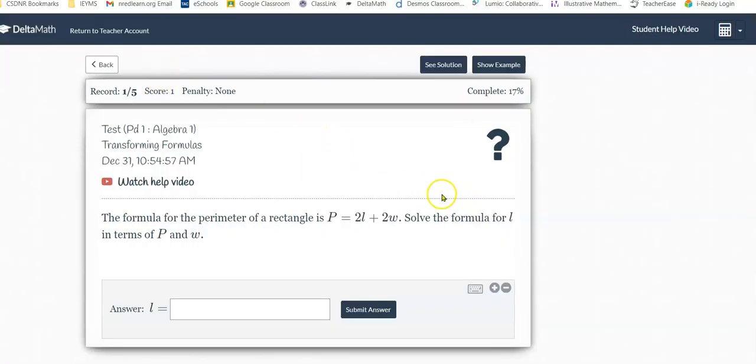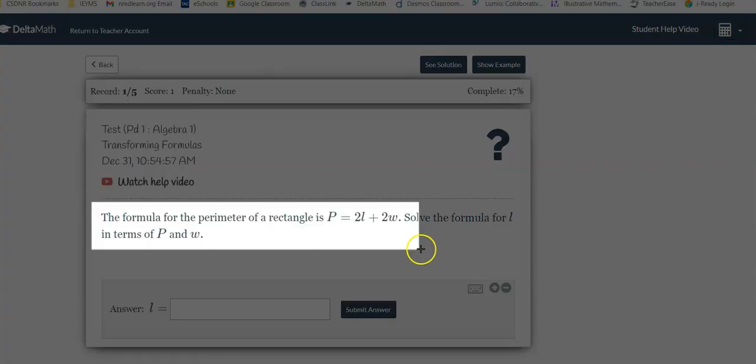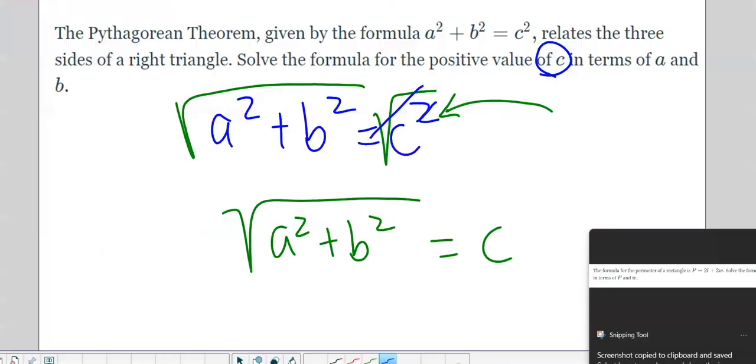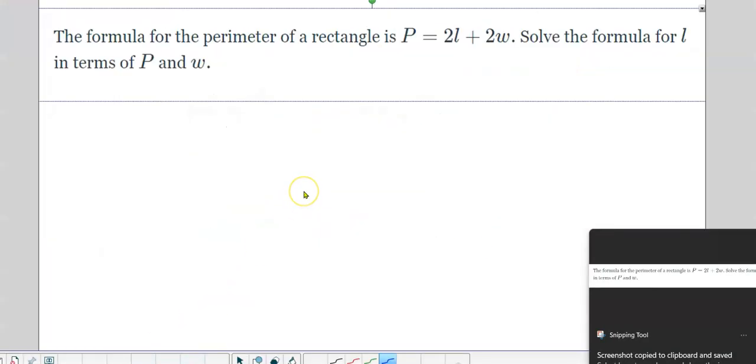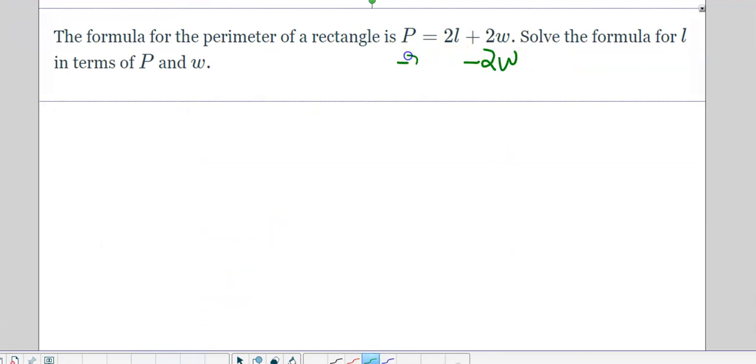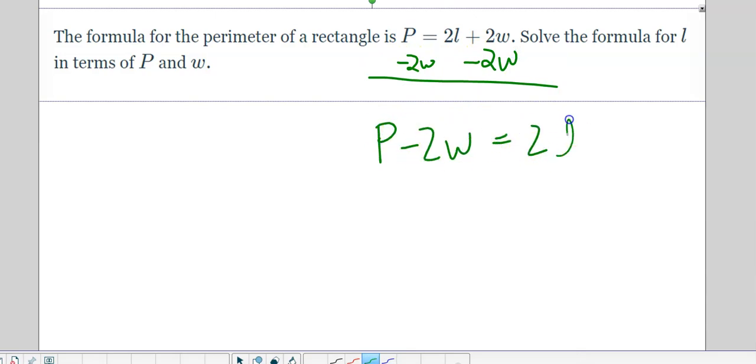Well, let's take a look at another formula, the perimeter formula for a rectangle. We want to solve the formula for L. So I'll take a quick screenshot here. So when we're solving for L, that means we are going to eliminate this entire 2w term at the very beginning. So p minus 2w is equal to 2l.